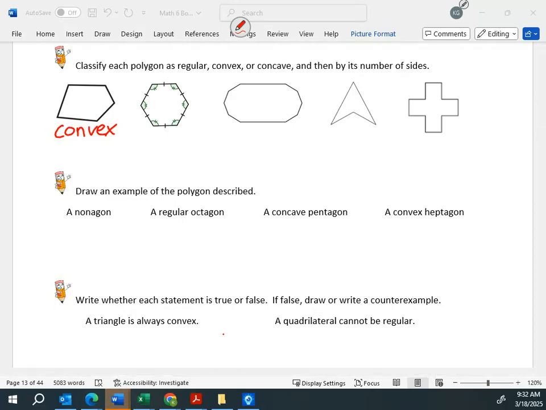What type of polygon is that? Sophie, it has 1, 2, 3, 4, 5 sides. So when we look back at that table, 5-sided polygons are called a pentagon. You must have both words written. The directions say regular, convex, concave, and then classify it by the number of sides.